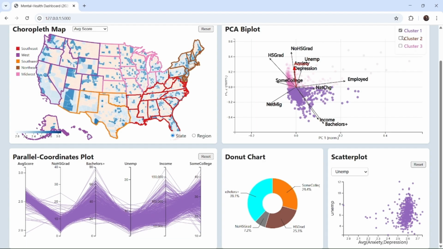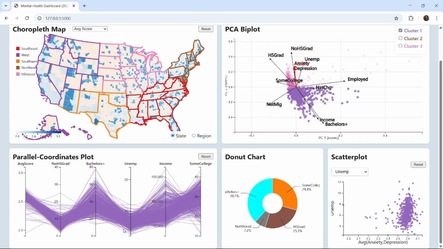We can clearly see that between cluster 1 and cluster 3, cluster 1, purple one, is actually lower in the average depression anxiety score. And the percentage of population that don't have even a high school graduation degree is quite low. Then we have bachelor's degree that goes quite high.